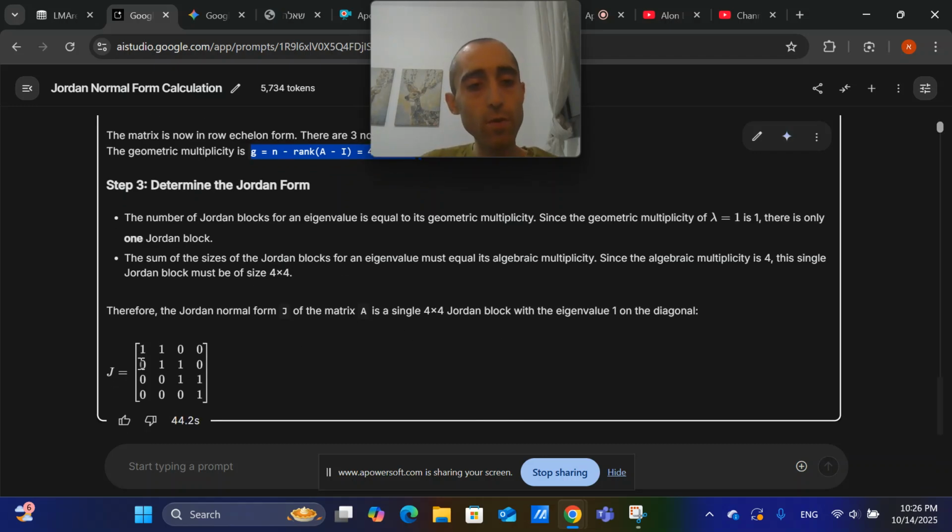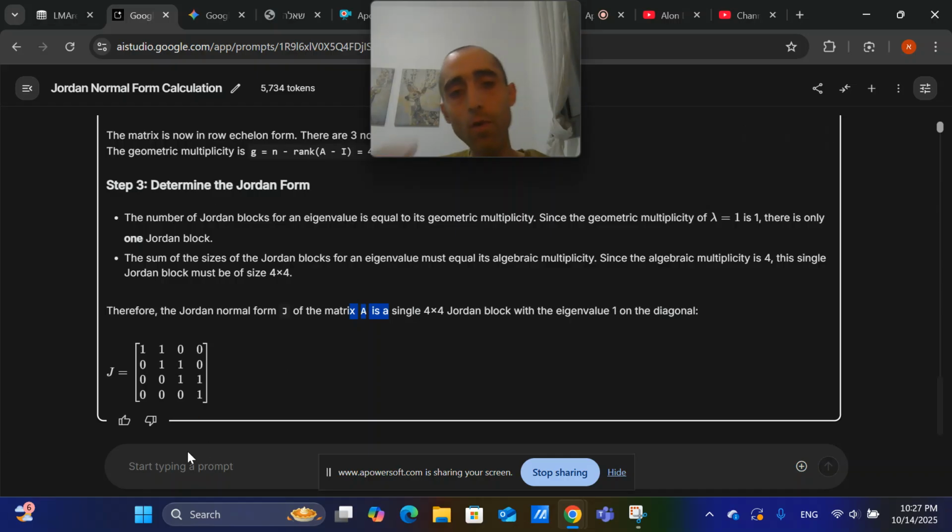Therefore, it's very straightforward. We have only one eigenvalue, which is 1, and one block. So I just put one Jordan block, and because it's a block of size 4, I need to put ones above the diagonal. Okay, so this is the Jordan form of our matrix A.